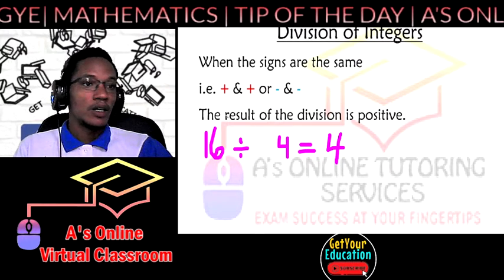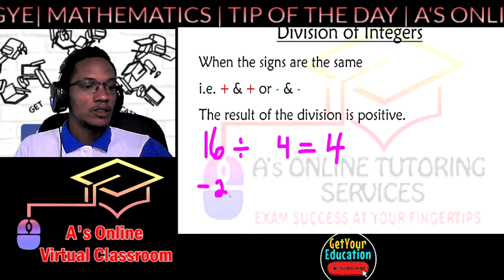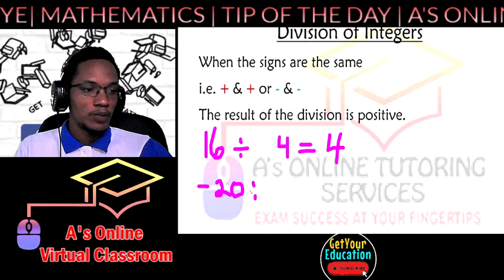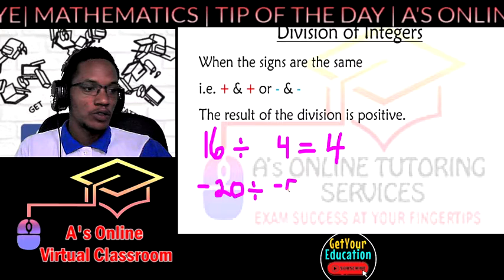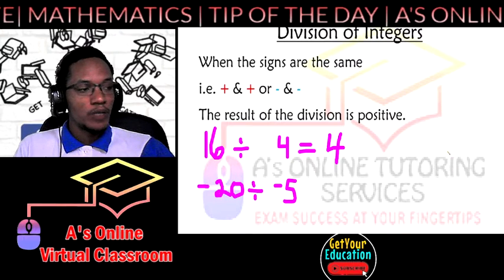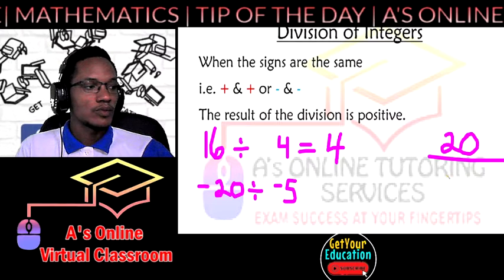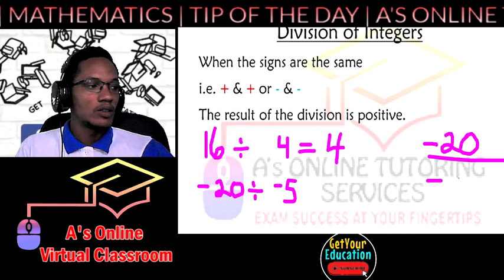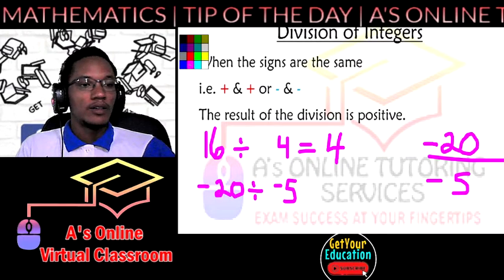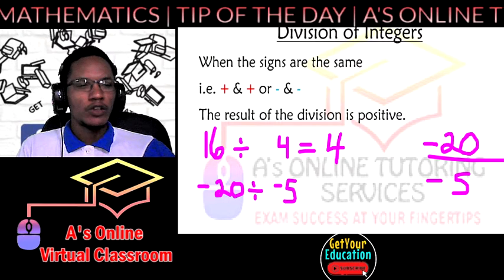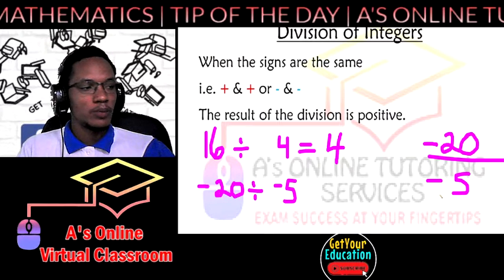Even if we have negative 20 divided by negative 5, many times it's easiest to see it as a fraction. We will be familiar with reducing fractions and crossing off certain parts of the fraction.